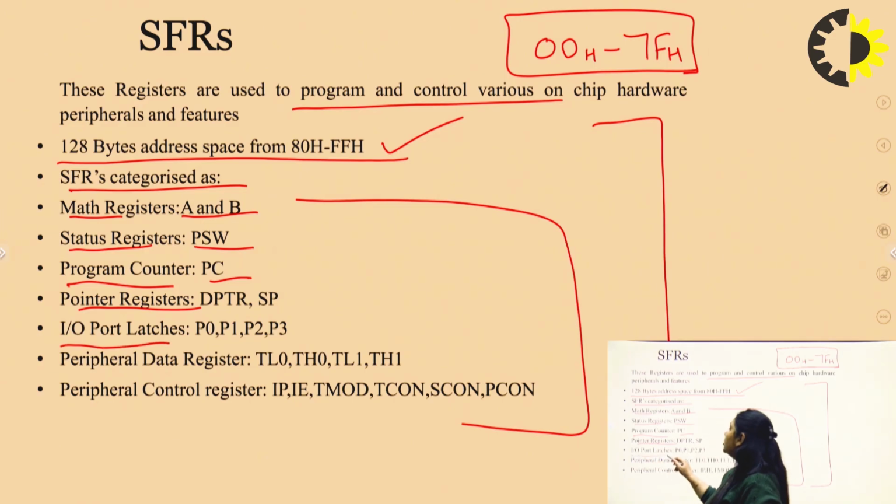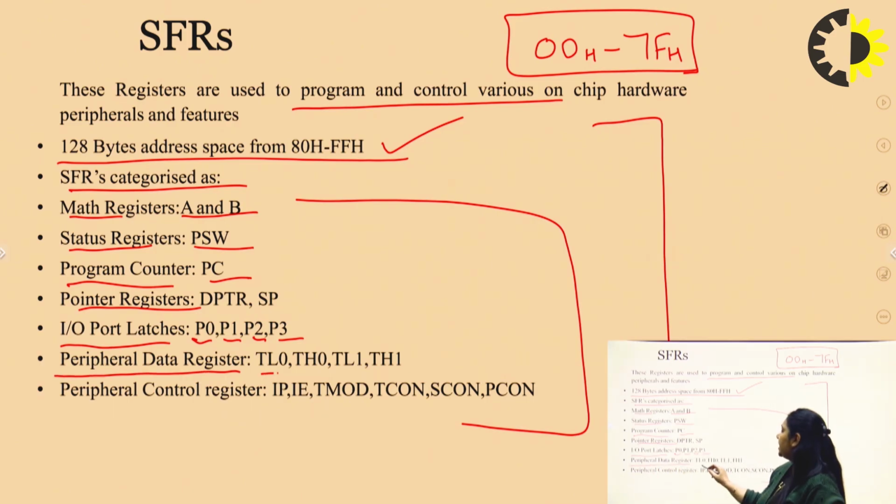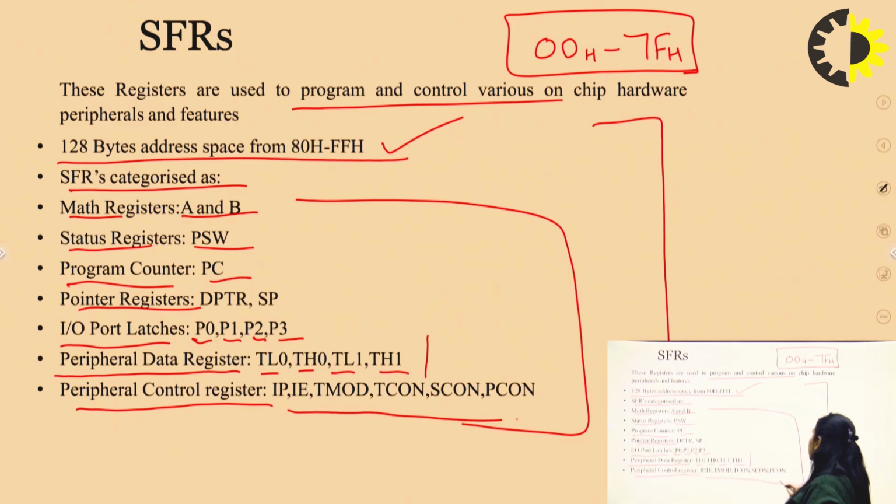There are 4 input output ports in 8051, which are port 0, port 1, port 2 and port 3. There are several peripheral data registers, which are TL0, TH0, TL1, TH1, which are used with the timers. Next is the peripheral control register, to control the peripheral device.